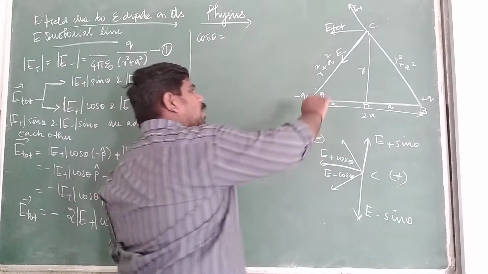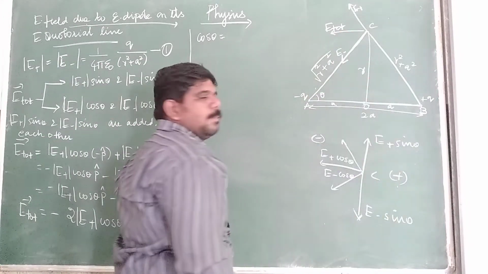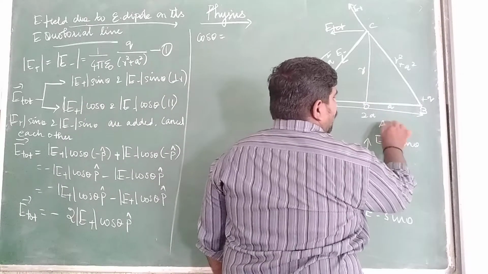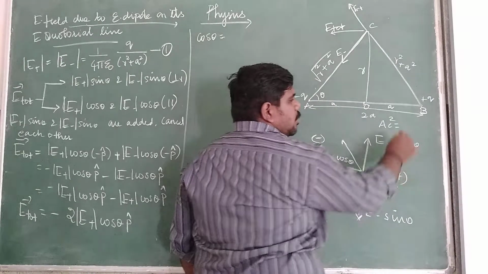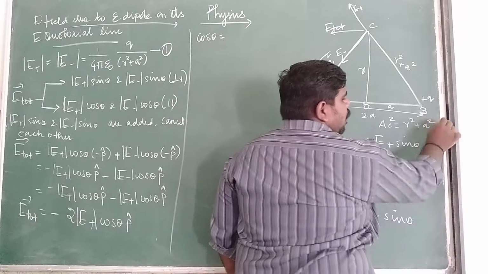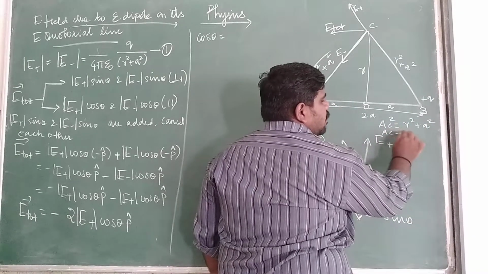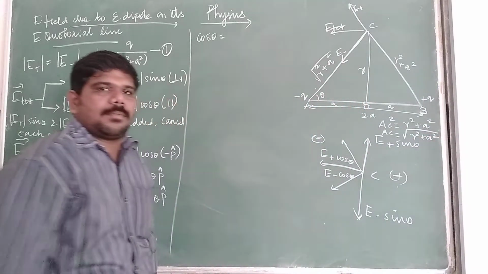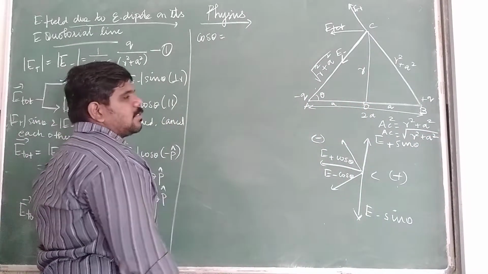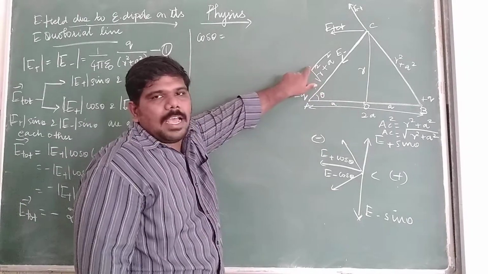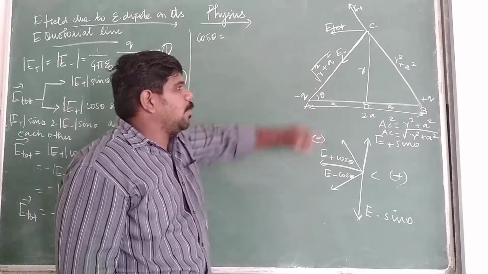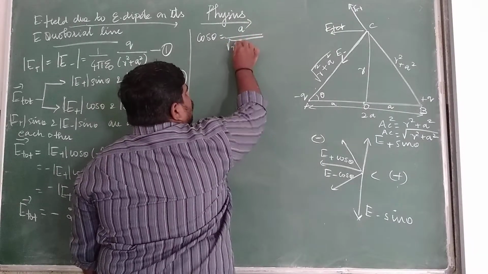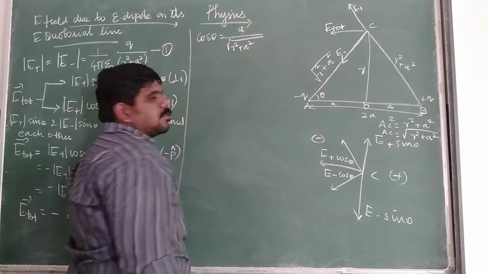Because we know that the sum of the squares of the other two sides is equal to the square of the hypotenuse, so the value of AC is root of R square plus A square. So cos theta is equal to adjacent by hypotenuse, which gives A by root of R square plus A square.